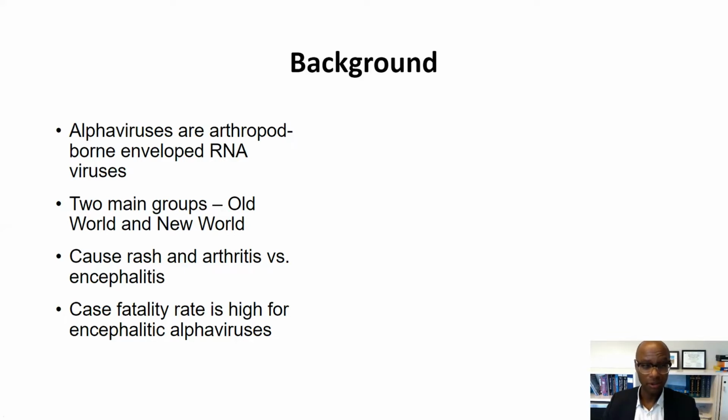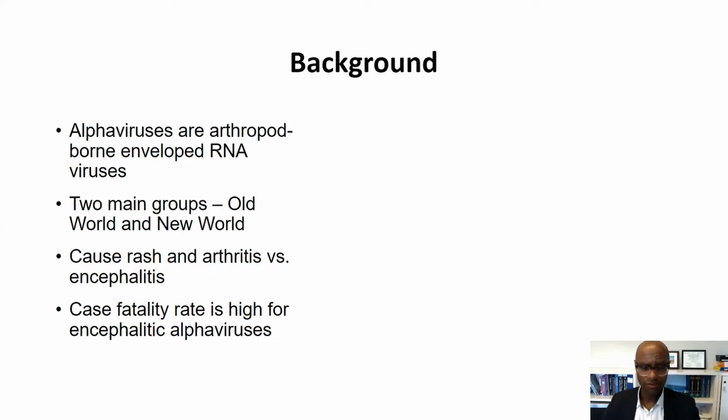To give you an example of one of these viruses that some of you might have heard of, more featured in the news back in 2019, is Eastern equine encephalitis virus. This virus caused an outbreak in 2019, before the COVID-19 pandemic, that affected about 34 people in 7 different states.